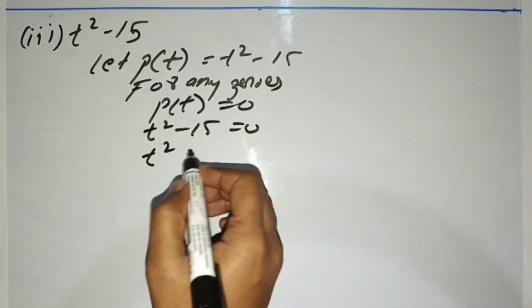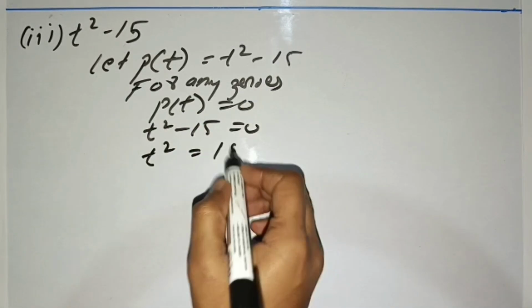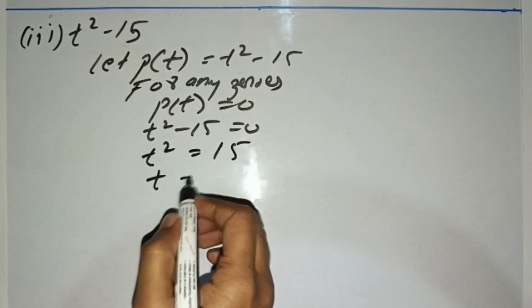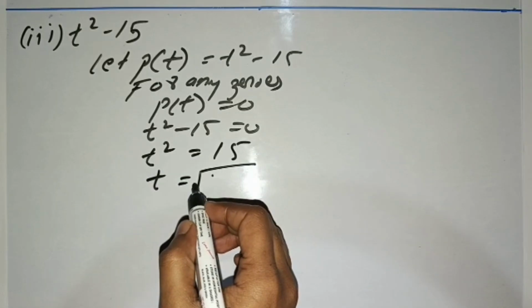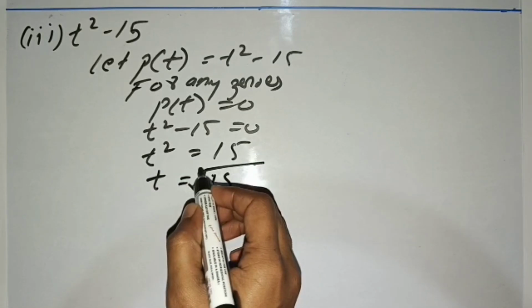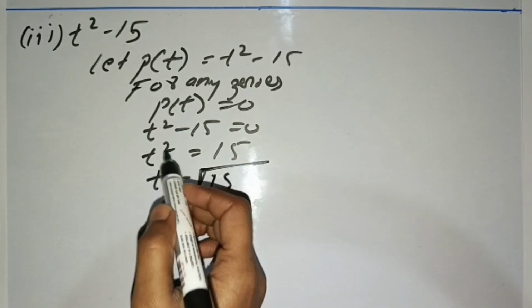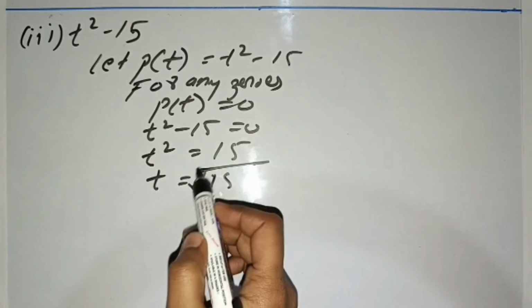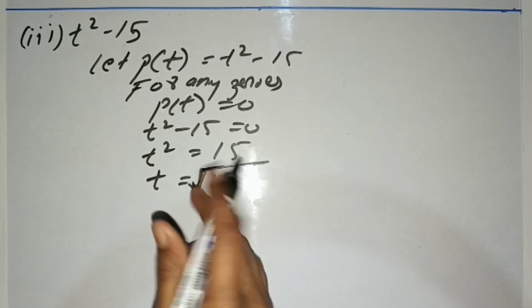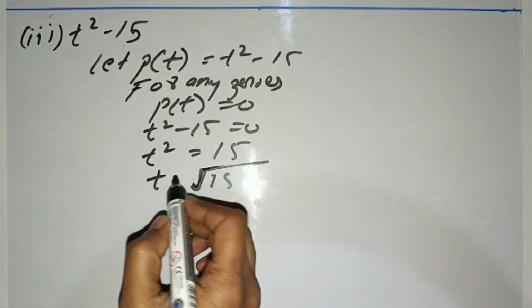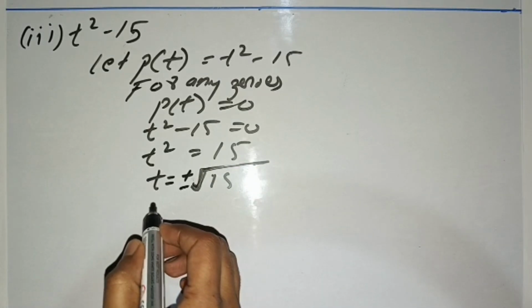Now t square minus 15. If it shifts to right side, it will be plus 15. And t square, when we transfer to the right side, it will be square root, and the sign will be positive and negative.